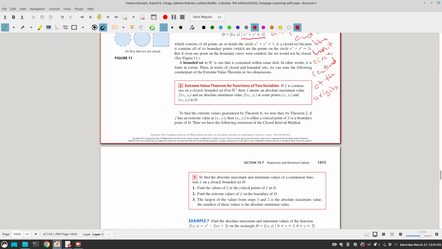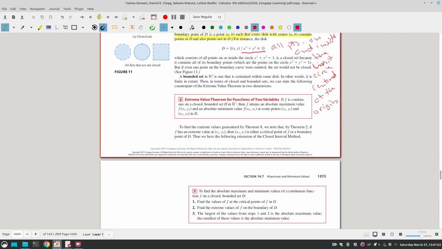So, if f is continuous on a closed bounded set, meaning it is closed, meaning it contains its endpoints, right? And if it is in R2, let's say the domain of f is D. So D is of course a subset of R2.